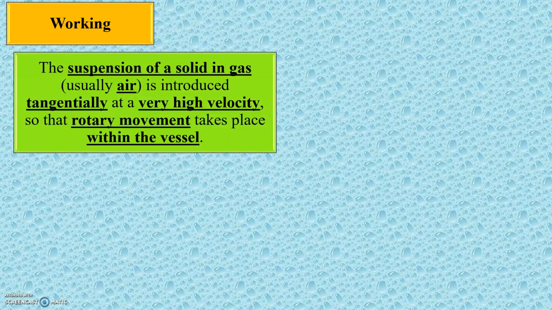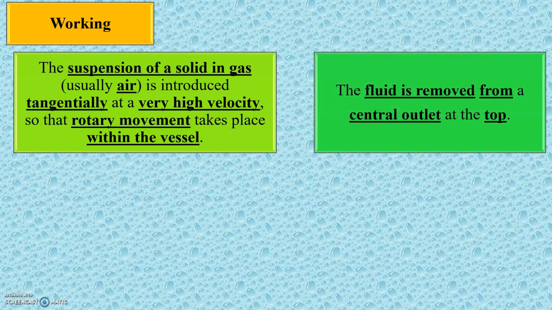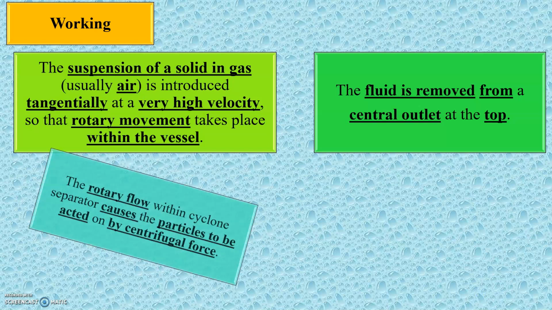Now let us see the working of cyclone separator. The suspension of a solid in gas is introduced tangentially at a very high velocity so that rotary movement takes place within the vessel. The fluid is removed from a central outlet at the top.